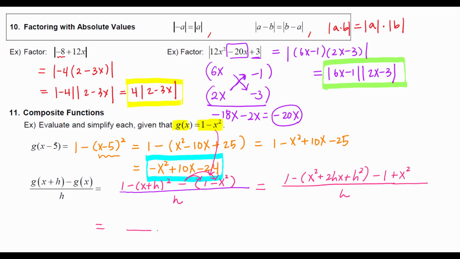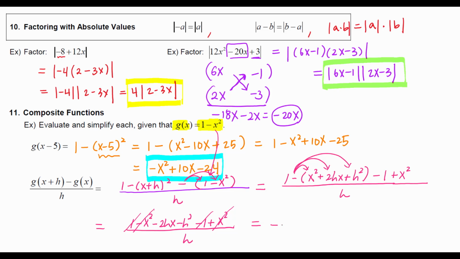One more time, I'm going to distribute this negative for all three terms inside the parentheses. I get 1 minus x squared minus 2hx minus h squared minus 1 plus x squared, over h, equal to negative x squared plus x squared cancels out, positive 1, negative 1 cancels out.